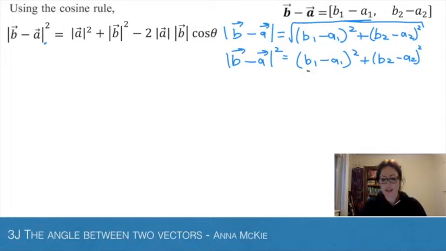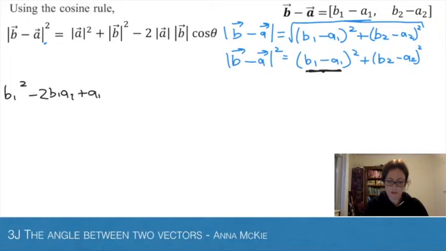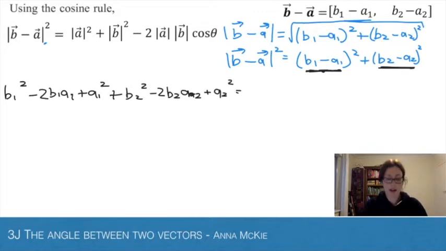So for the left hand side, we're actually going to expand out now these perfect squares. So B1 squared here, and being a perfect square with a subtract, it's subtract two lots of each term, then the A1 term squared, and now we're adding on the second term here, expanding out that bracket. Now that's equal to the right hand side.